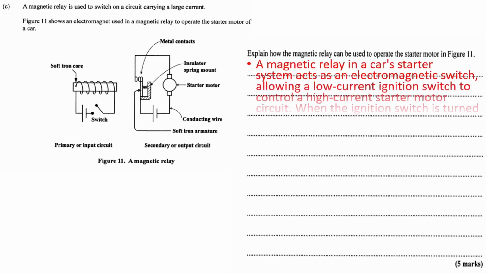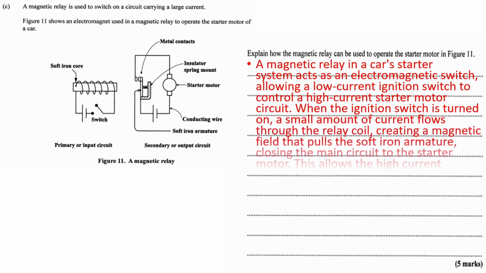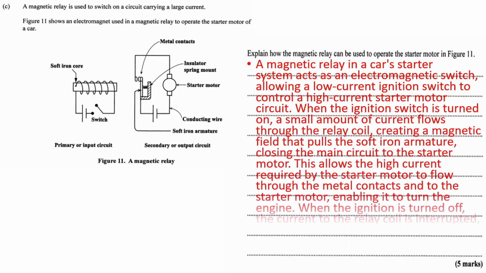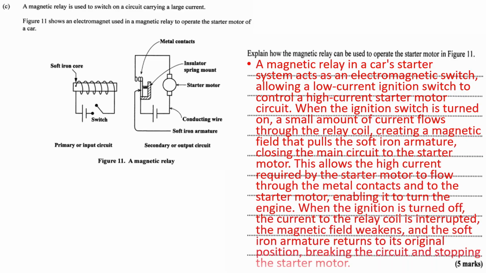Part C. A magnetic relay is used to switch on a circuit carrying a large current. Figure 11 shows an electromagnet used in a magnetic relay to operate the starter motor of a car, as you see there in the diagram. You are to explain how the magnetic relay can be used to operate the starter motor in figure 11. So you could say something like, a magnetic relay in a car's starter system acts as an electromagnetic switch, allowing a low current ignition switch to control a high current starter motor circuit.